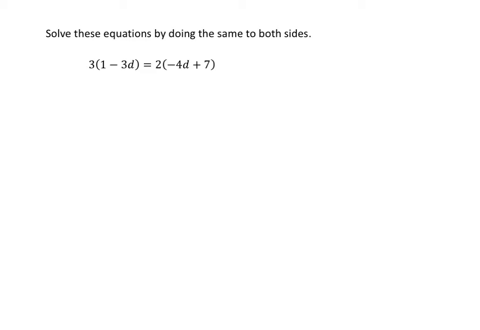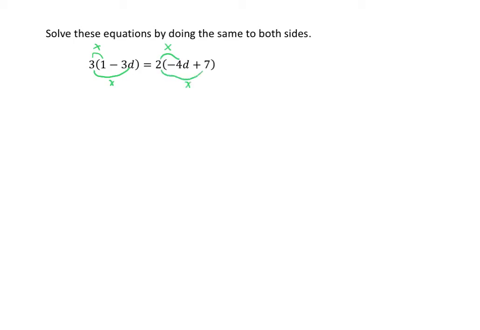Now my first step is to simplify both sides of my equation, and that is going to be done by distributing both sets of brackets. So on my left hand side, I'm going to multiply what's inside my bracket by 3, and on my right hand side, multiply what's inside my bracket by 2.